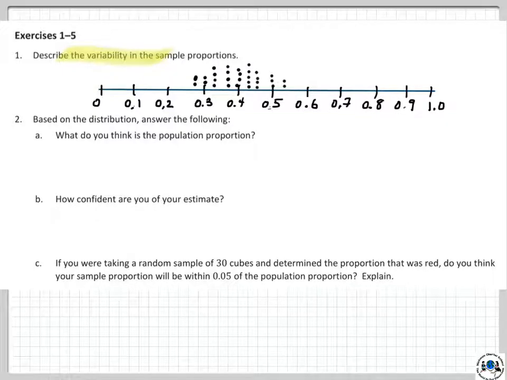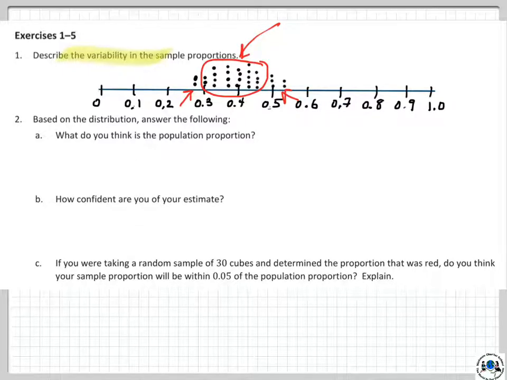There's still variability, but it ranges from maybe 0.26 to 0.52, not as drastic as the 0.1 to 0.7 we had last time, and a major cluster right around here, getting closer and closer to that middle, 0.4, okay?